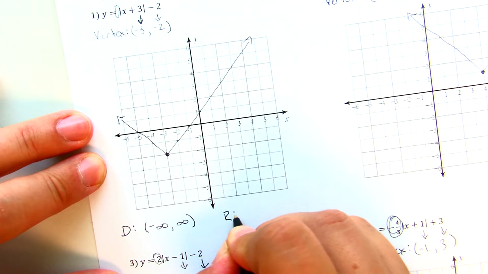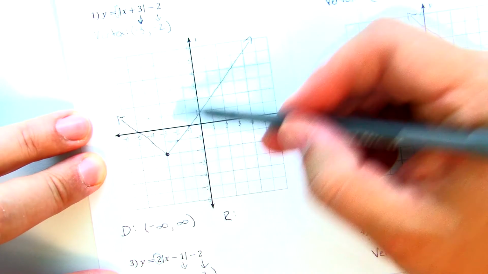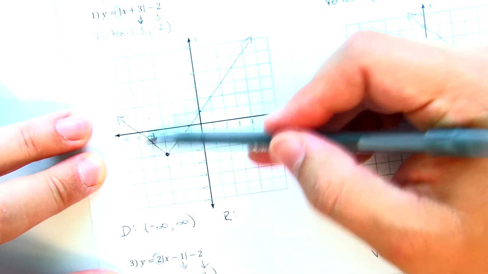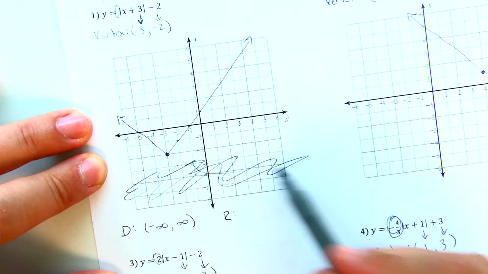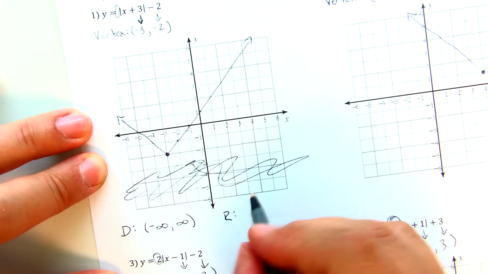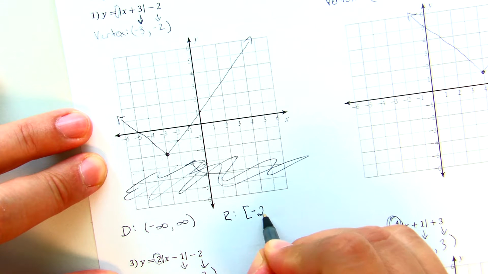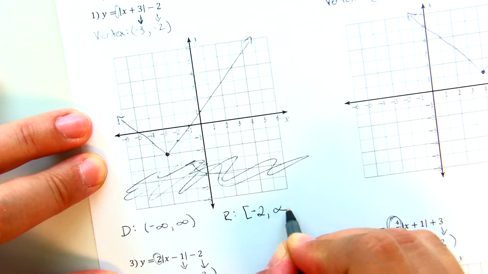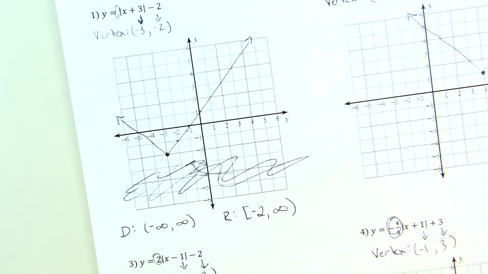And the range is going to be, well, everything in this graph is up here. There's nothing down here. Everything is at negative 2 and above. So it's going to go from negative 2. Remember, we always write the lower number first, all the way up to infinity. There's my domain and range.